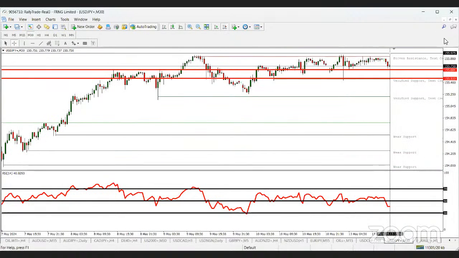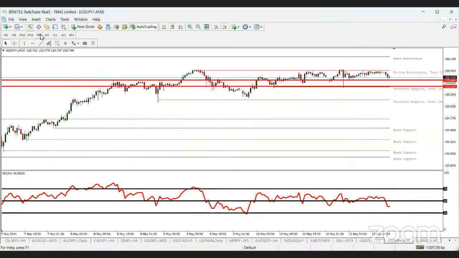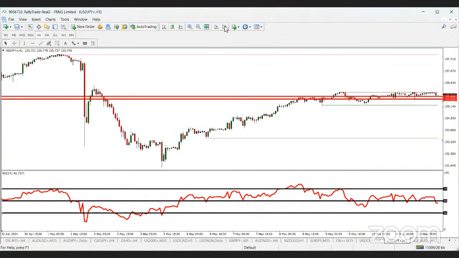For the buy, I would still advise that we use our RSI as a pointer. So if my RSI is overbought on USD JPY, I can look out for a further sell.